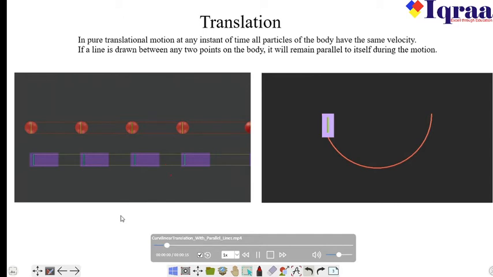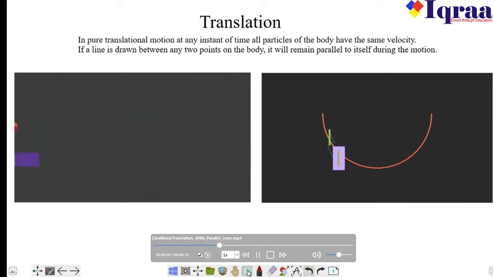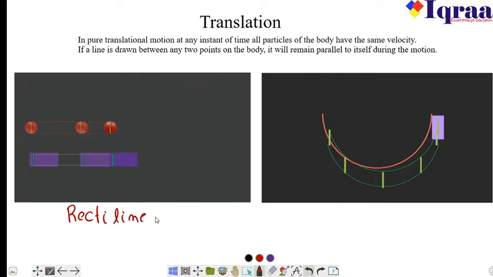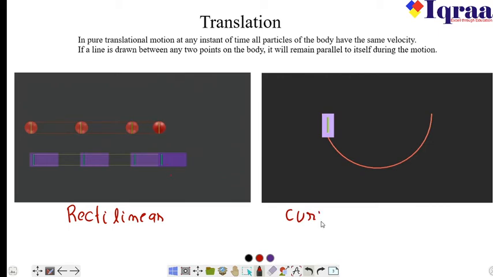The animation on the left hand side represents a rectilinear motion and the one on the right hand side represents a curvilinear motion. So, translation motion can be of two types, rectilinear motion and curvilinear motion.